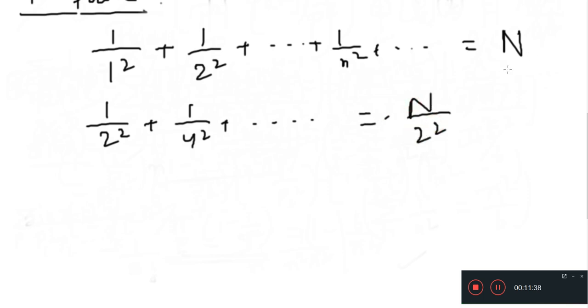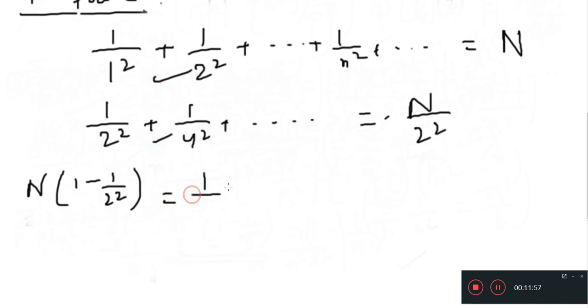Now subtract this equation from this equation, and you get n into 1 minus 1 by 2 square. And when you subtract the equations, you only have the terms in which the denominators are not multiples of 2, right? Because I've eliminated every possible factor of 2. You get everything except for 2, right?